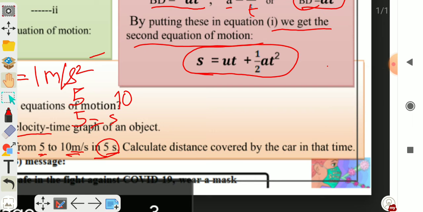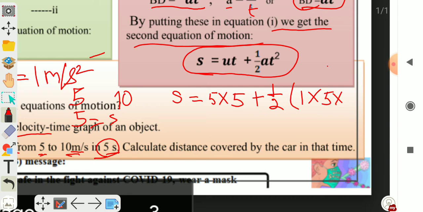So distance, how will you find out distance? You have to put the values in second equation. S equal to U which is 5 multiplied by T which is 5, plus half, A is given to you, A is 1, into T square, T is given to you 5, T square means 5 into 5.